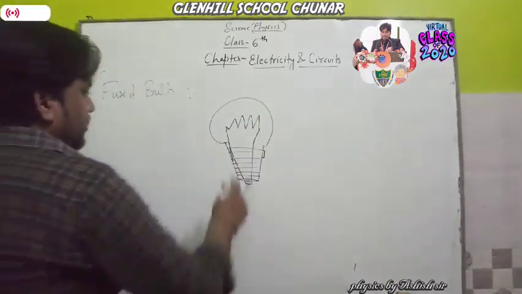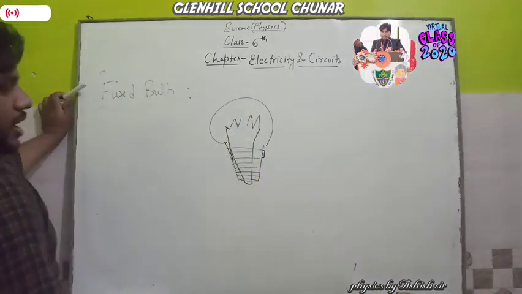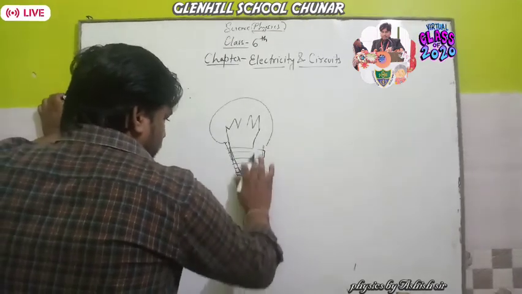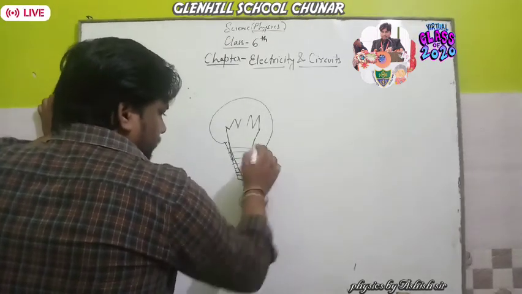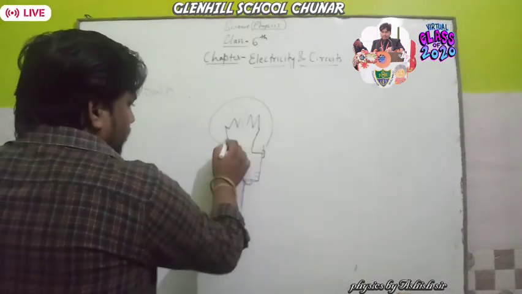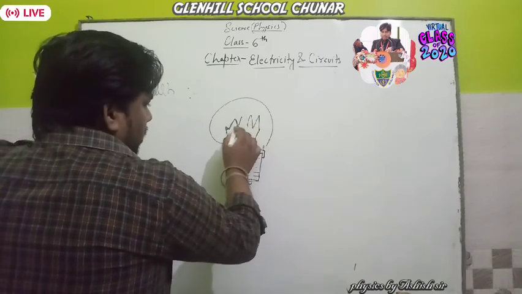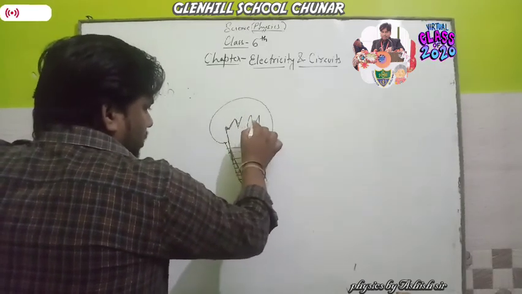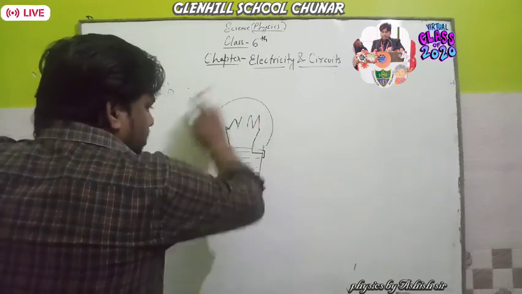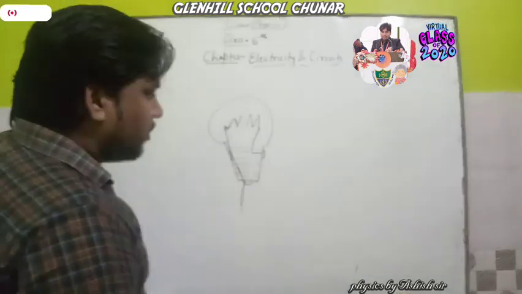If this filament breaks in any condition, then what happens to the current supplied to the bulb? Suppose the current is supplied and moves like this, but if there is a breakage, then the current can't flow through to this terminal, meaning the circuit is incomplete, so this bulb does not glow, and this type of bulb is known as a fused bulb. Clear?